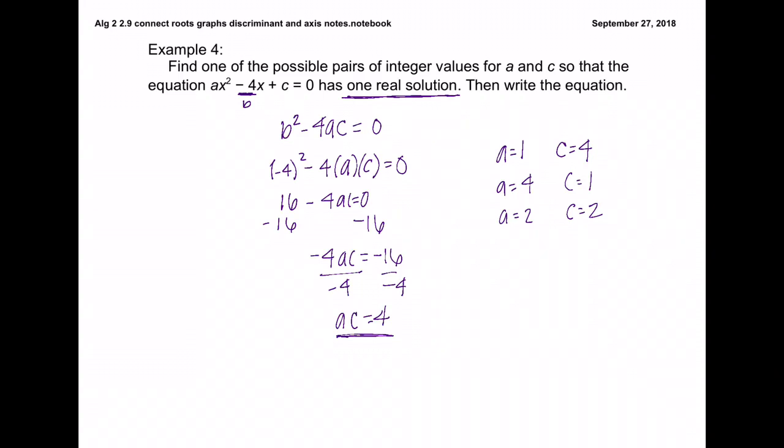So if we plug any of those into our equation, we could have 2x squared, if I choose these bottom ones, minus 4x plus 2. If I choose these, we could have 4x squared minus 4x plus 1, or we could have had x squared minus 4x plus 4.